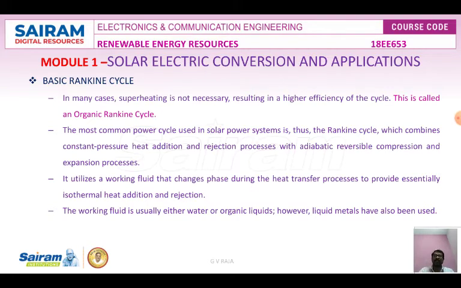It utilizes a working fluid that changes phase during the heat transfer process to provide essentially isothermal heat addition and rejection. The working fluid may be either water or some kind of organic fluid. The major components of the ideal Rankine cycle are the working fluid and its temperature-entropy diagram.